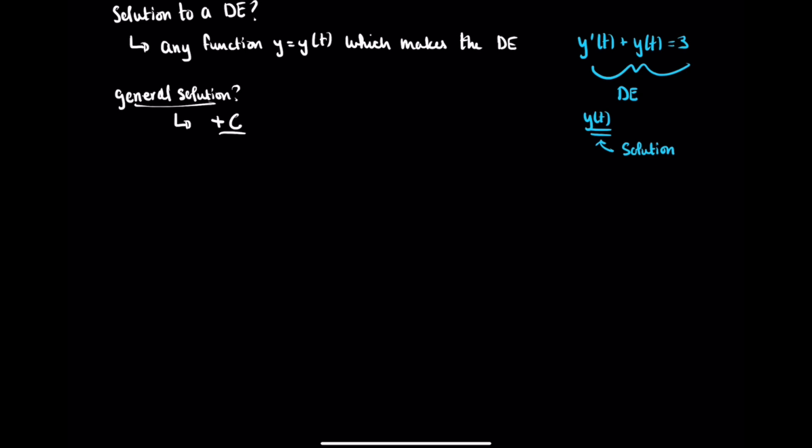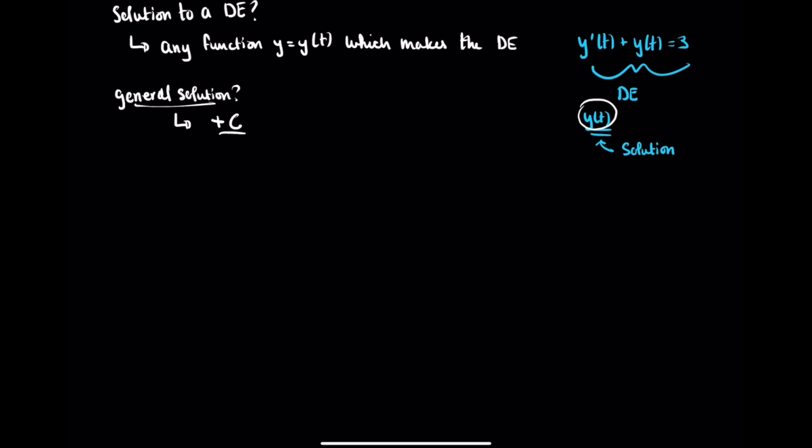Typically it means including the random constants that will be a result of the derivative or the integral, depending on how you look at it. So if we find a solution like y(t), and I add a plus c, then y(t) + c will be the general solution. That's all it is.